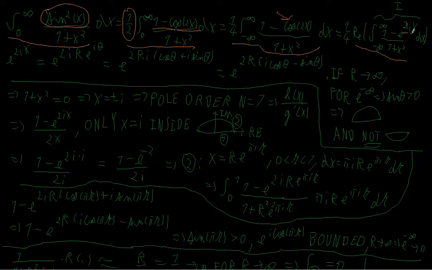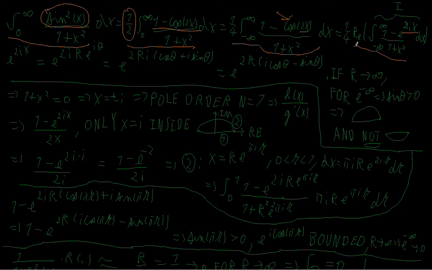There's a 2 here because we have a 2x inside. So at the end we have 1 over 4 times the real part of the integral from minus to positive infinity of 1 minus e to the 2ix over 1 plus x squared.